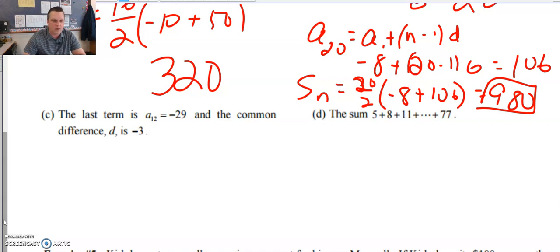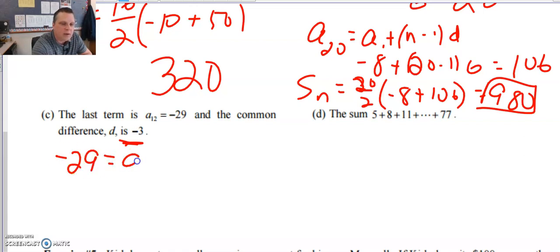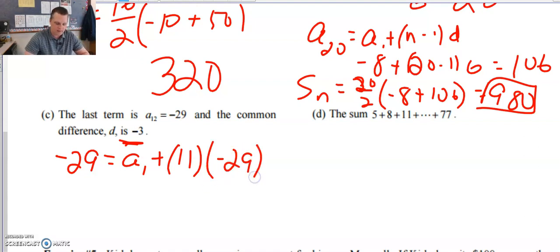In letter C, now they gave me A12, so their difference is -3, and I need to find A1. So A12 is -29, A1 plus, I'm just going to put 11 in here because that's 12 minus 1, and that is times -3.